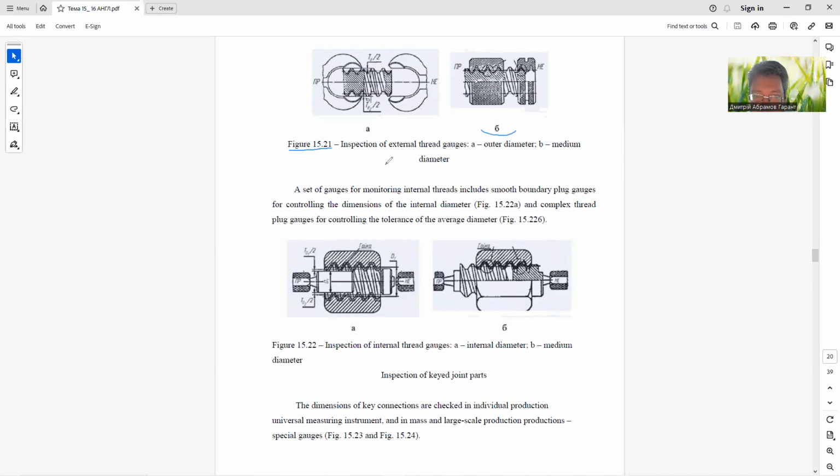So, inspection of external thread gauges: A, outer diameter; B, average diameter.